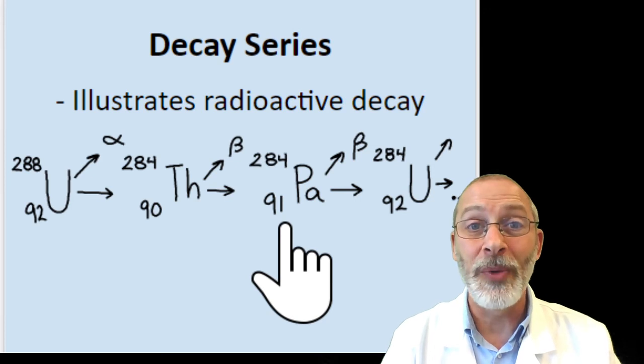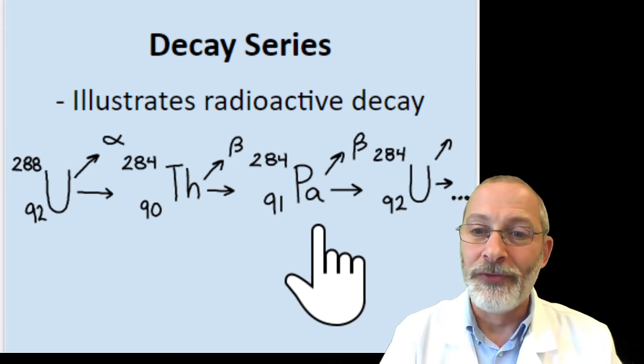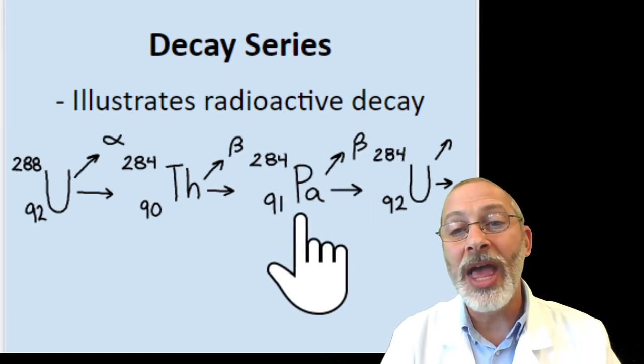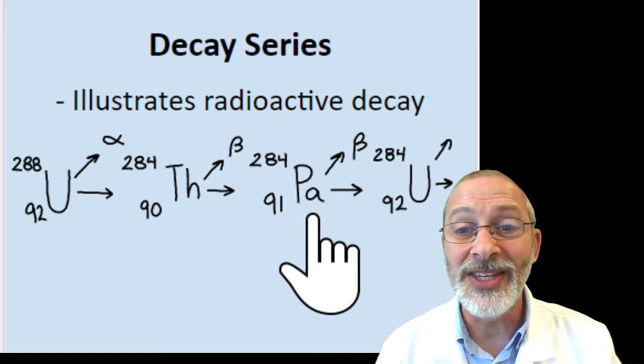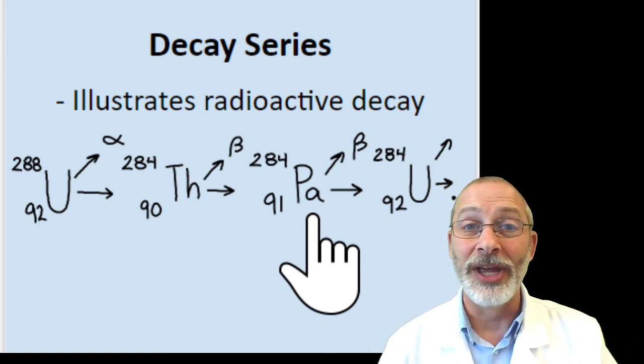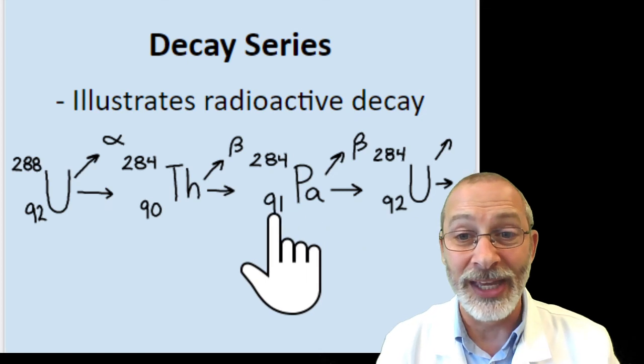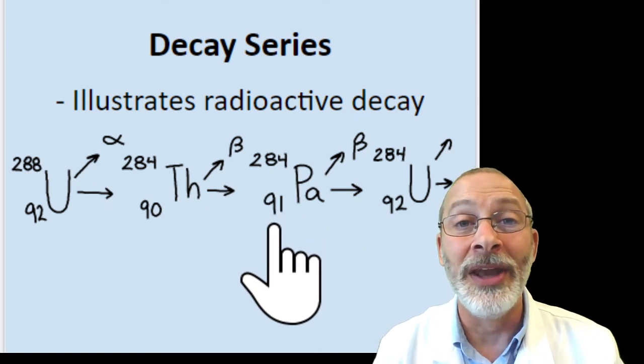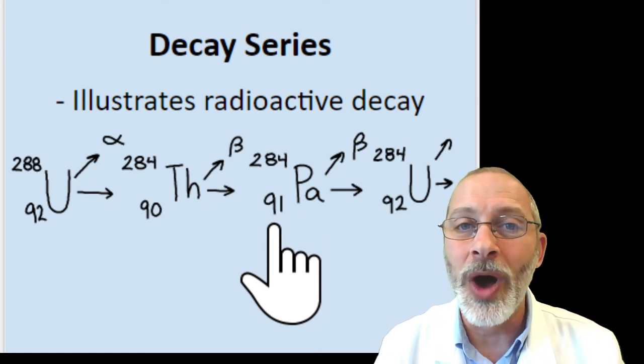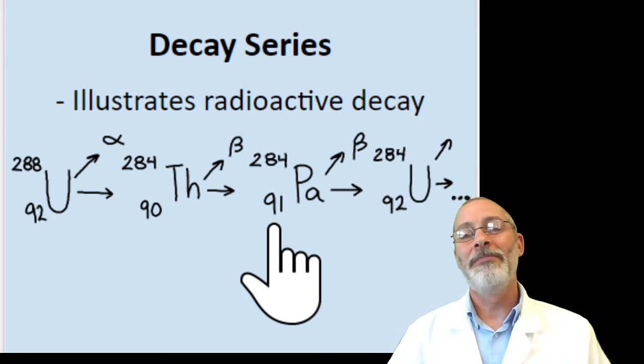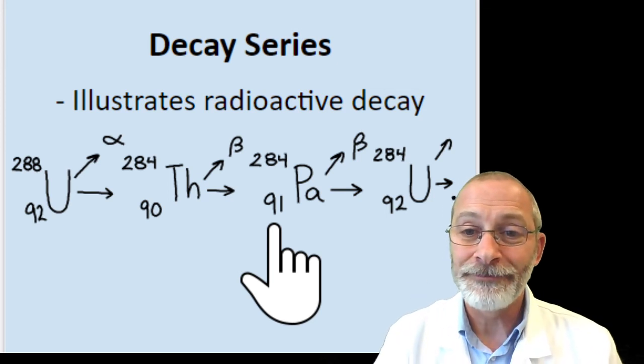It goes up by 1 and forms a new element. I'll let you find this element on the periodic table of elements. I'll give you a hint. It's element number 91. Look it up and you tell me what it is.